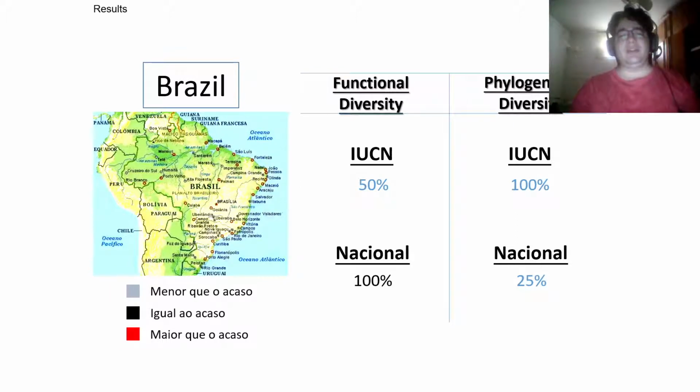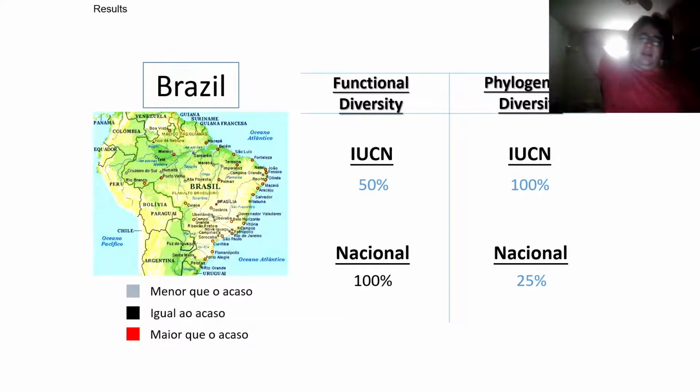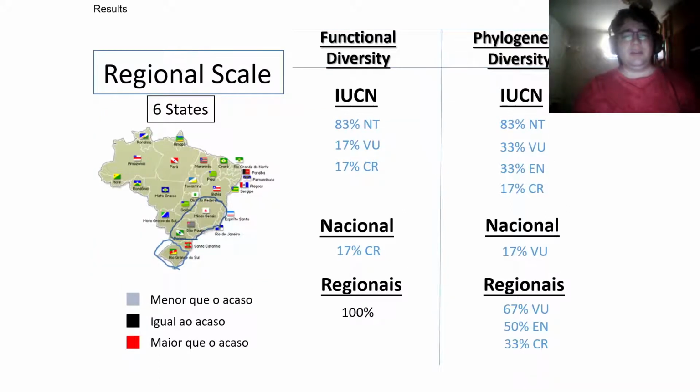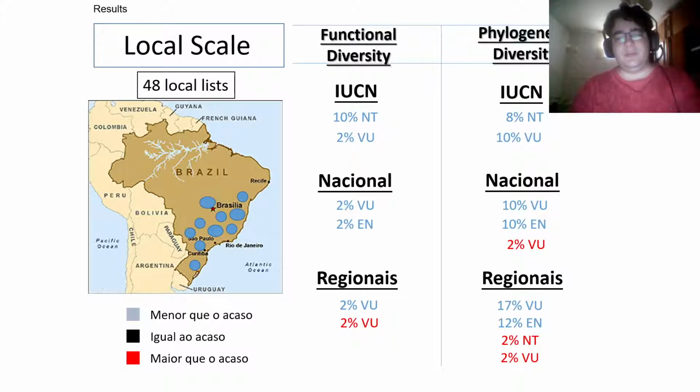You can see in blue that 50% of categories from the IUCN red list presented lower functional diversity and phylogenetic diversity than expected by chance. You can see that in blue and in black, in all scales. And we only saw a higher loss of functional and phylogenetic diversity than expected by chance at the local scale, when using the local red list.